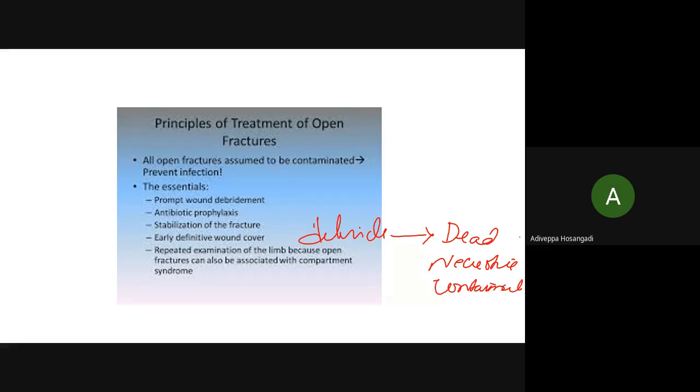You have to remove already dead or potentially dying tissue, which can cause a secondary impact or second injury. So surgical debridement is removing the dead and necrotic tissue.